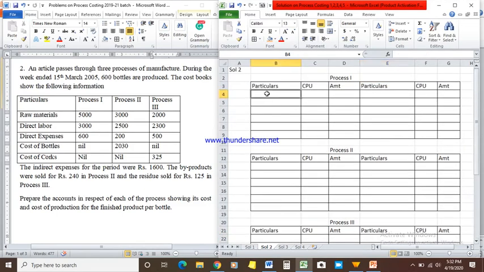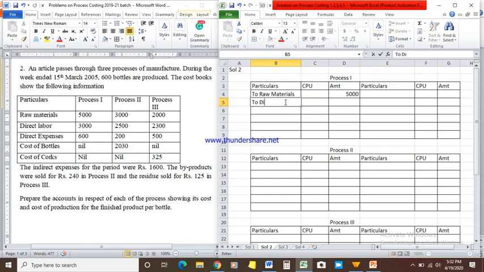So let's start with process 1. To raw materials. In this case also we are not mentioning the cost per unit, because the number of bottles manufactured is given as 600 and the raw material values are given, so I'll just take it into the amount column.